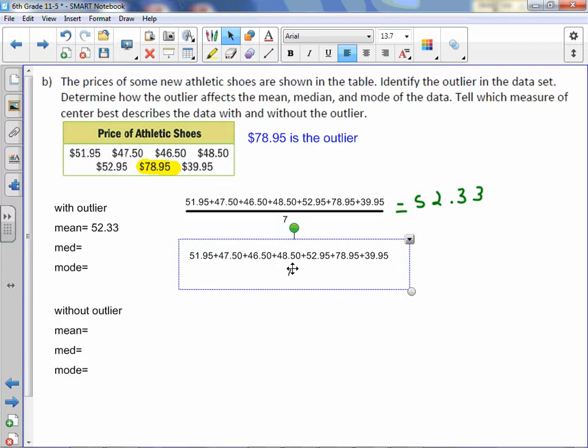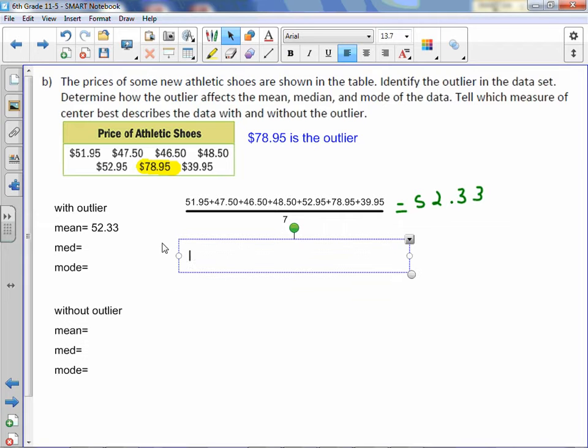All right, to find the median, we need to order the data from least to greatest. So we have 39.95, 46.50, 47.50, 48.50, 51.95, 52.95, and 78.95.